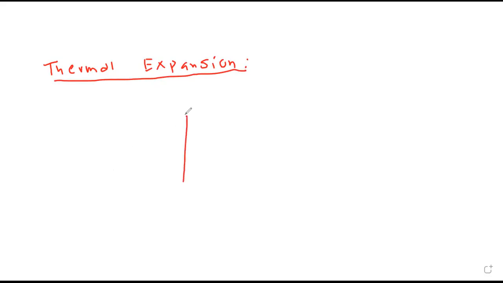What is the meaning of thermal? Heat, no? And expansion means increase in dimension. So can I say expansion of a substance on heating is called thermal expansion of the substance? If it is expanding by putting load, then it is called elasticity.